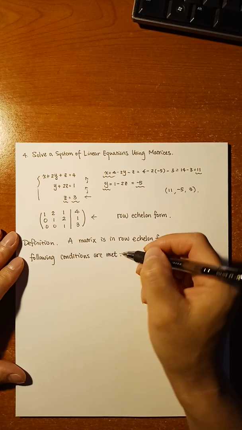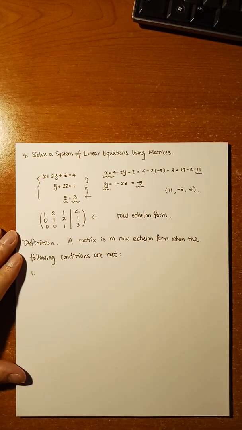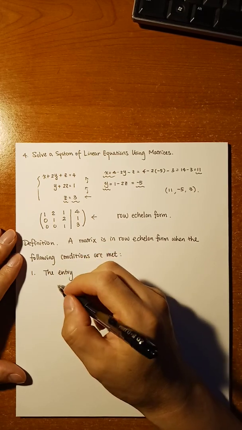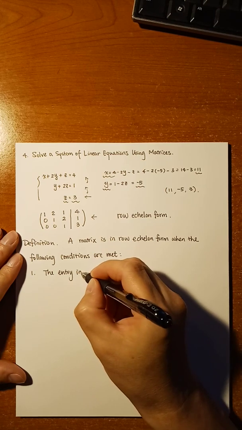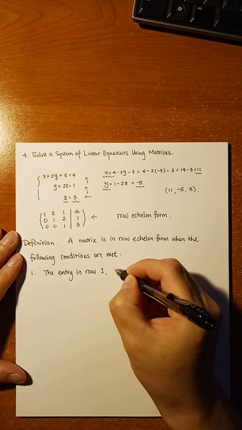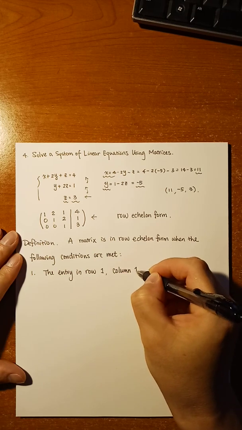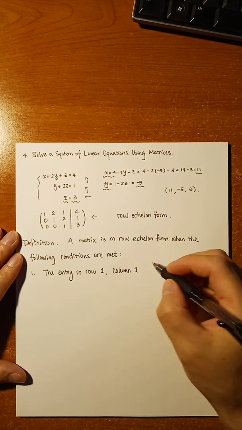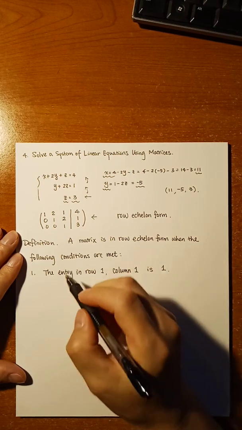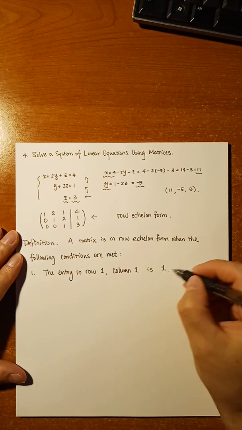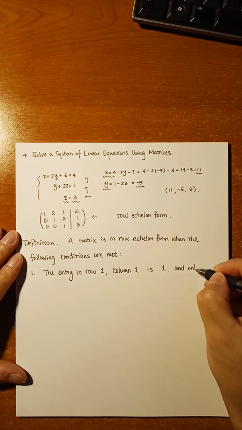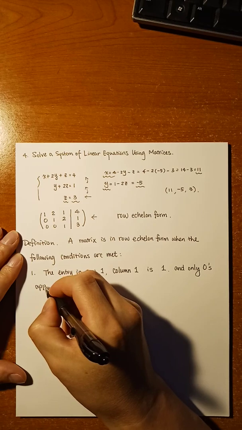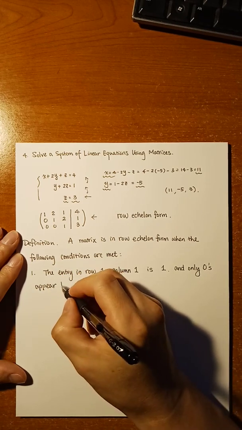So you have several conditions. First condition, the entry in row 1, column 1, like the top left entry, is 1, and only zeros appear below it.